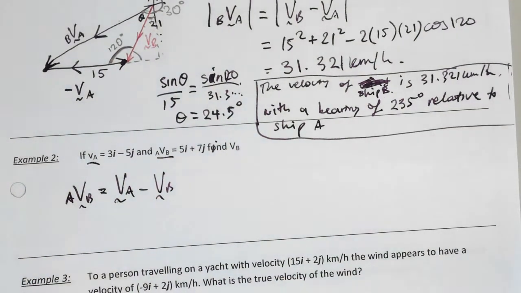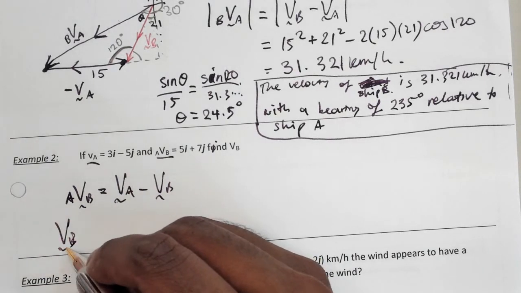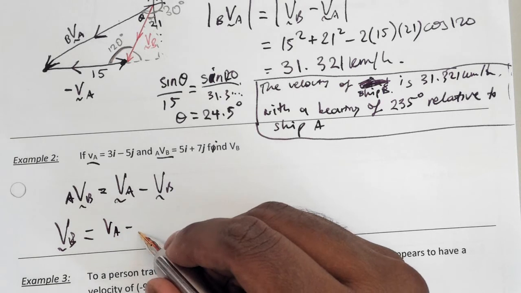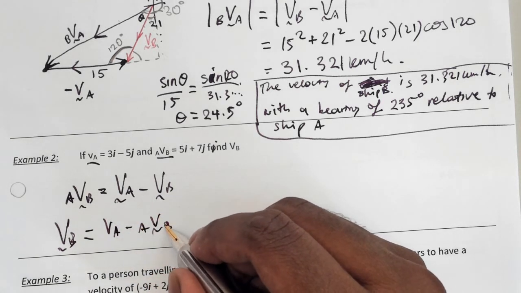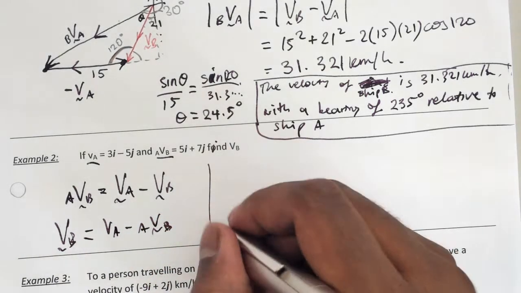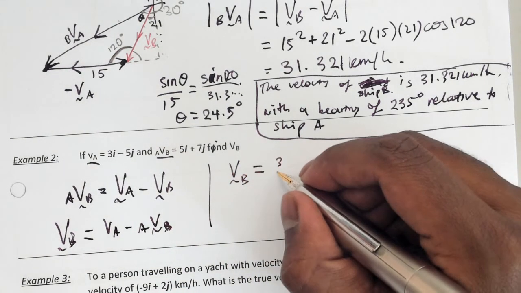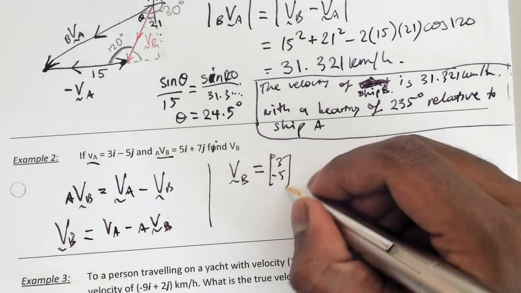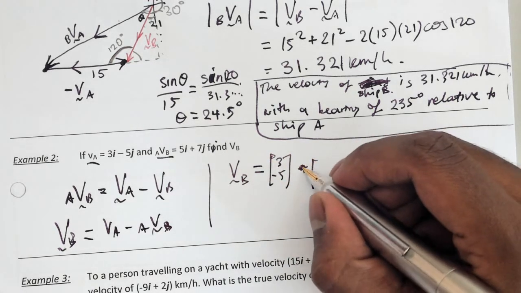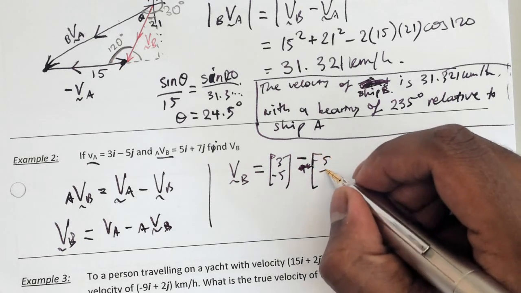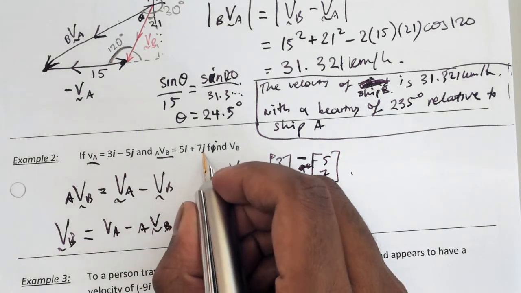A relative to B is the velocity of A, take the velocity of B, therefore VB is velocity of A, take velocity of B. Let's pop our numbers in. 3, -5, take 5, 7. 5i plus 7j.